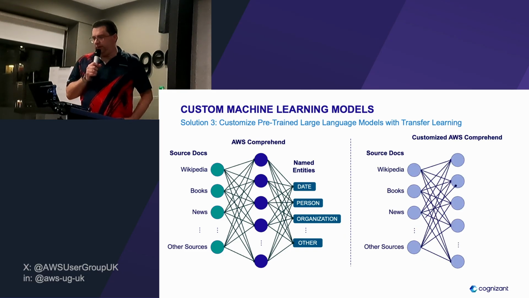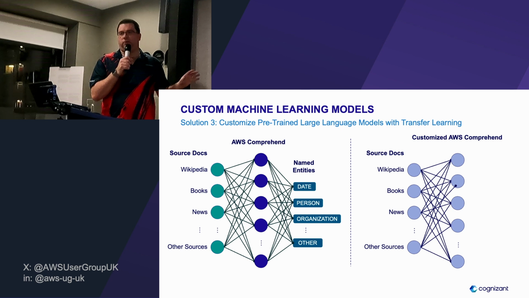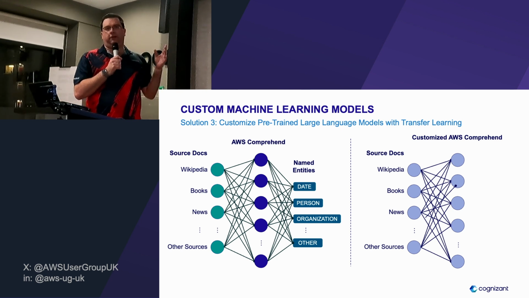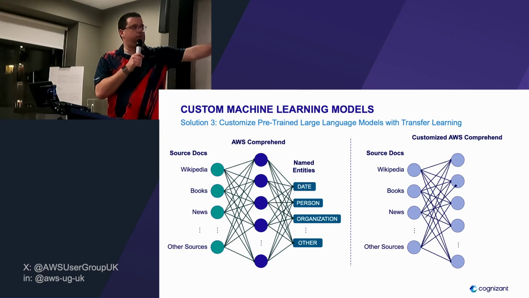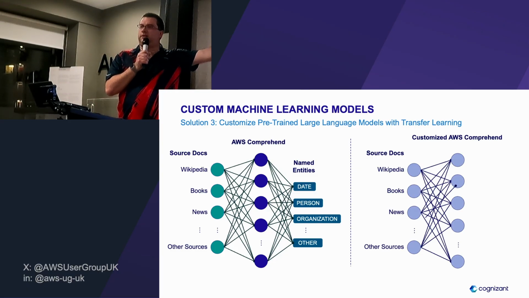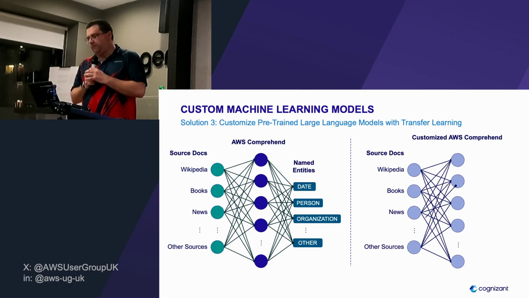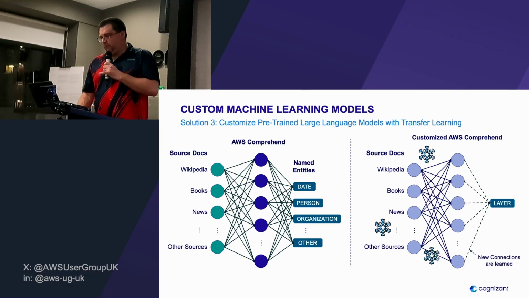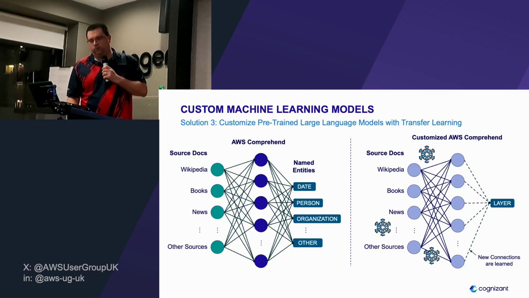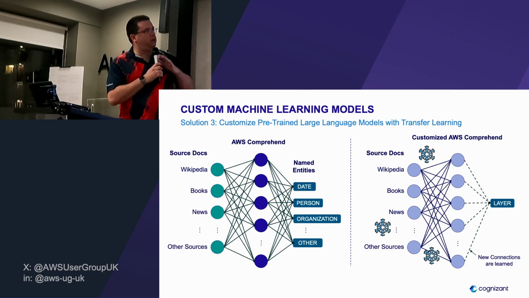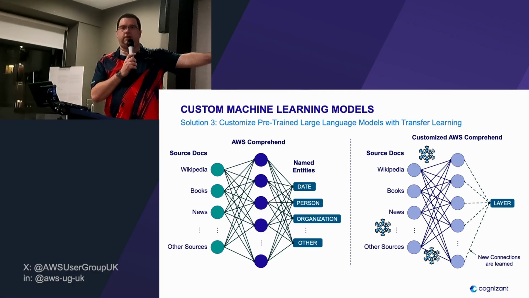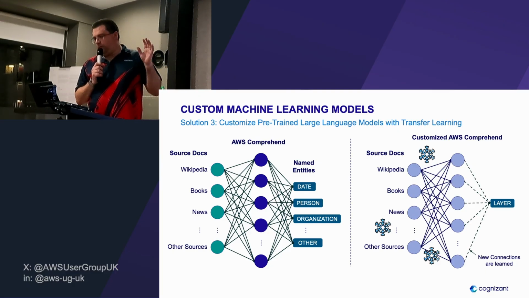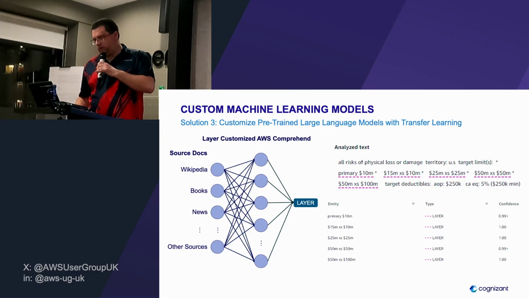So to do that, we have to fine-tune the Comprehend model. It's a deep learning model, and basically what we're trying to do is fine-tune the last layer of the neural net specifically to what we want it to be. To do that, we gave it examples and trained it on those labeled examples. In this situation, we would label it up as what we wanted it to be, so we build up those training networks.